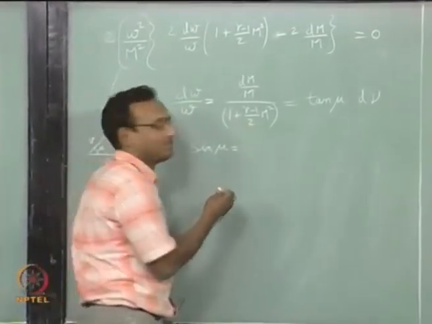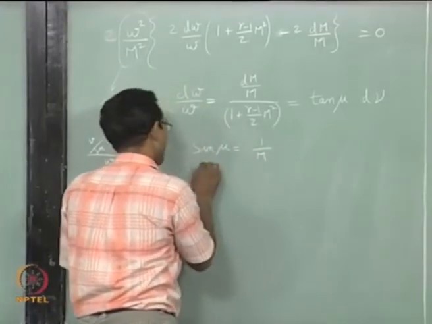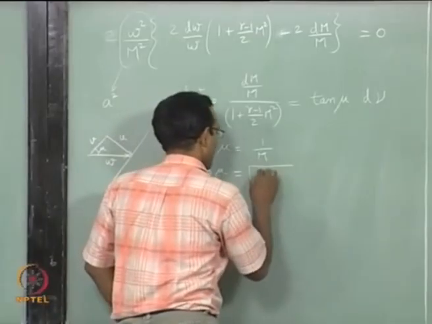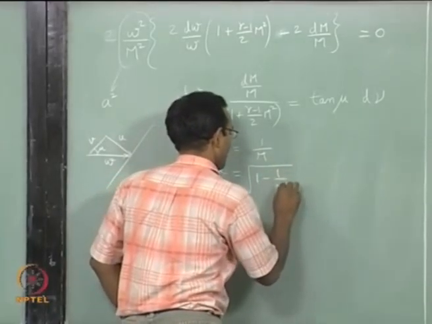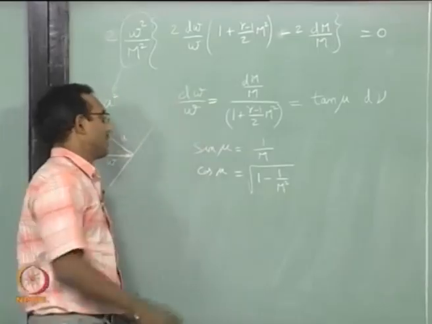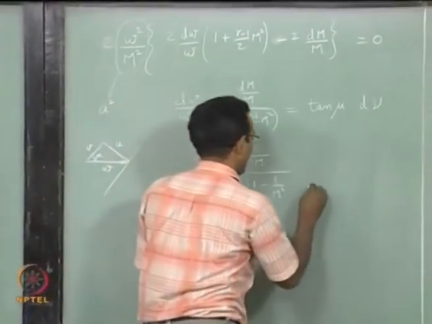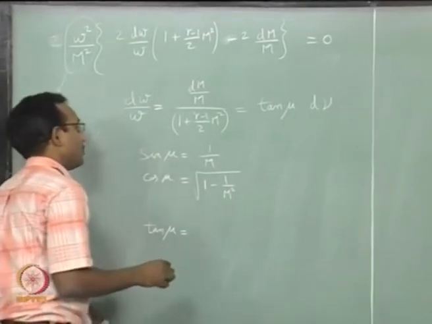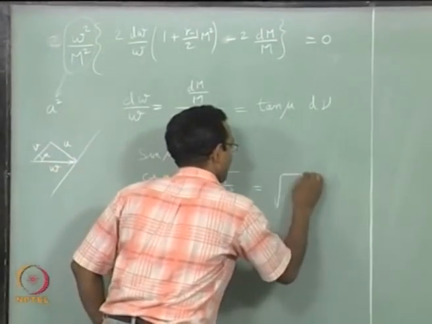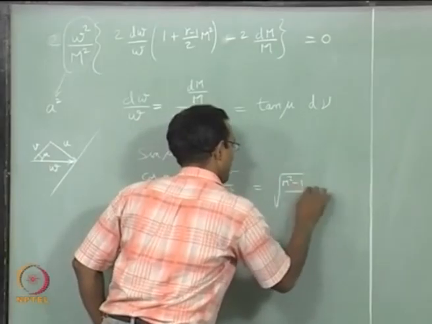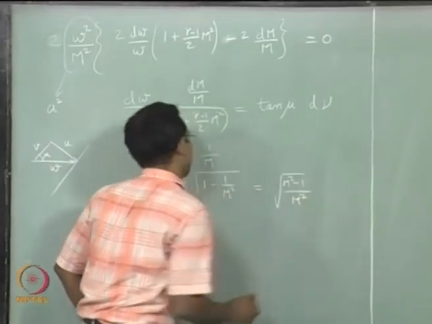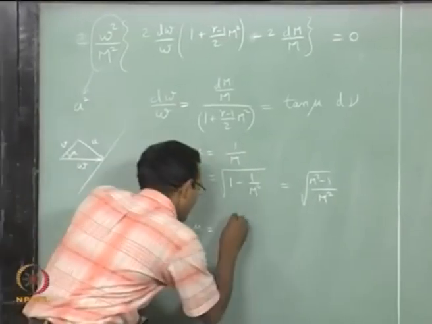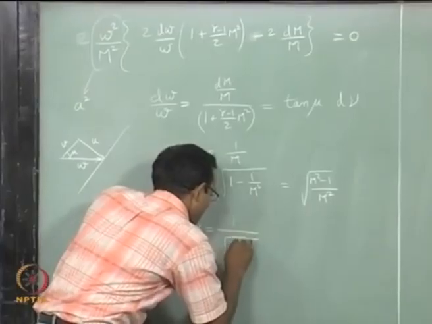Mu is sin inverse 1 by m. So this is 1 by m. Cos mu is square root of 1 minus 1 by m square. Now I have to divide one by the other. What will I get? Tan mu, I will just rewrite this, it is easier, m square minus 1 by m square, which will be 1 by m outside, that will cancel with this. So I will just have 1 by square root of m square minus 1.